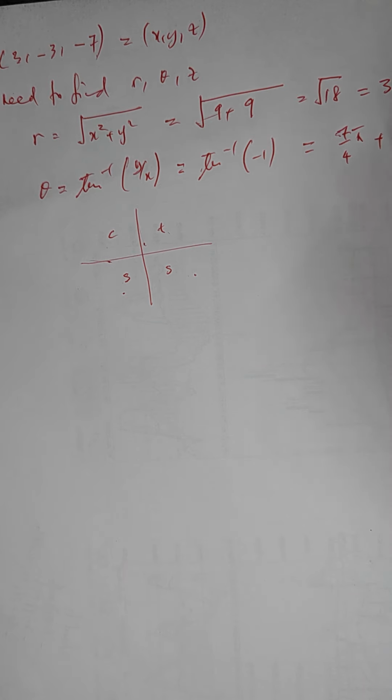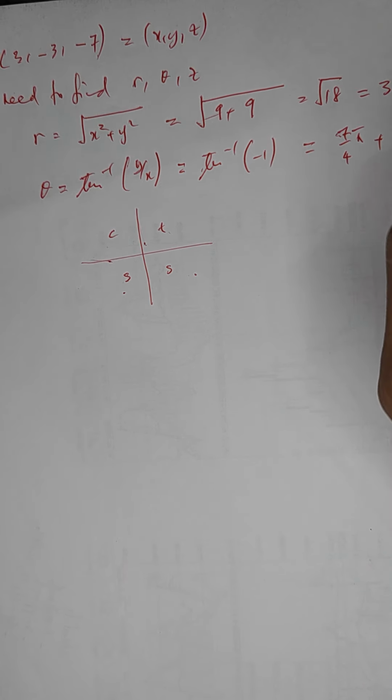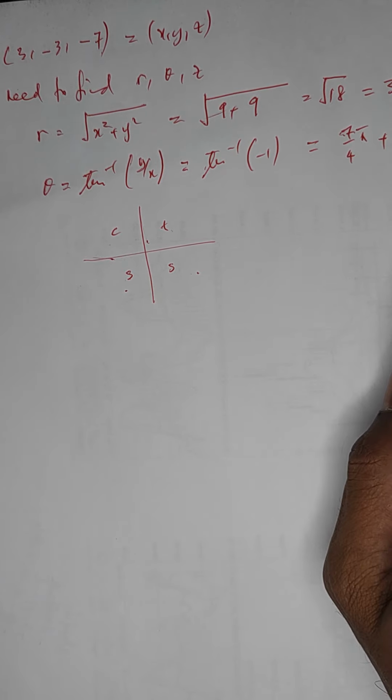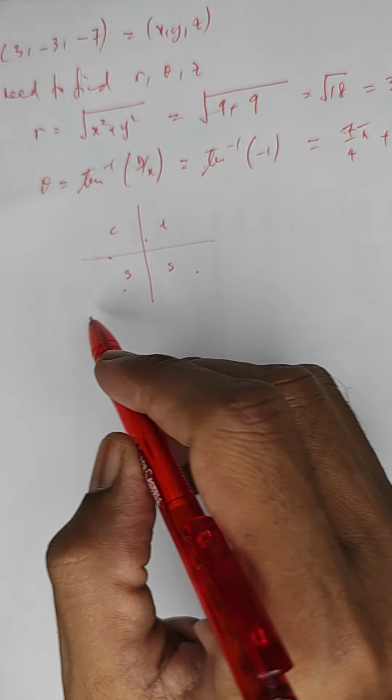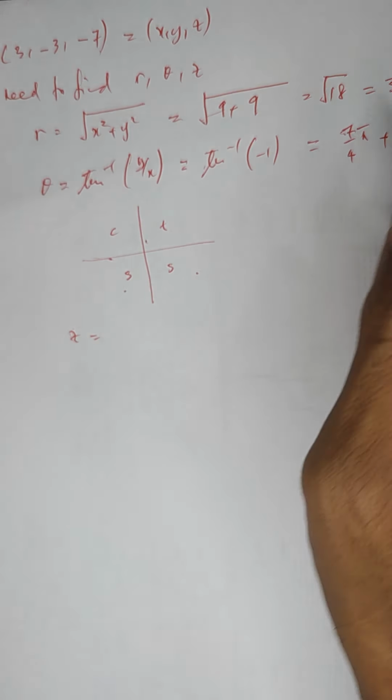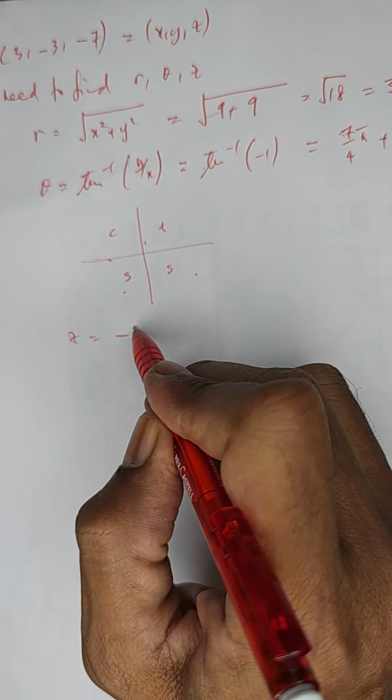So we have plus 2 n pi, for n equal to 0, 1, 2, and so on. When n equal to 0, we have that basic angle there. And z is 7.